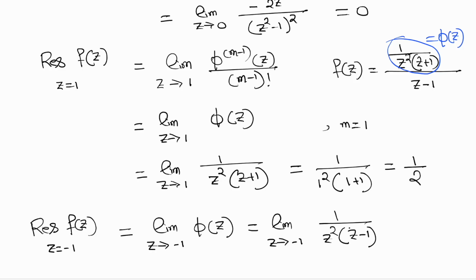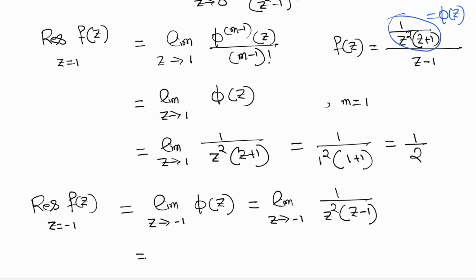That is why we will have this function. Now put the value z = -1. This limit will be equal to 1 divided by (-1)^2 times (-1 - 1), which is equal to -1/2. This completes our solution and this is our final answer.